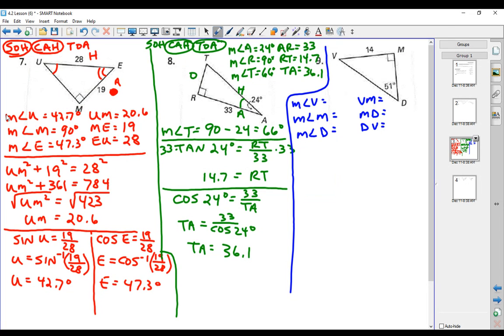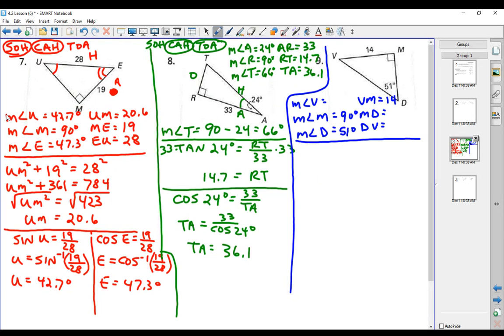If we write in what we know, side VM is 14, angle M is 90 degrees, and angle D is 51 degrees.